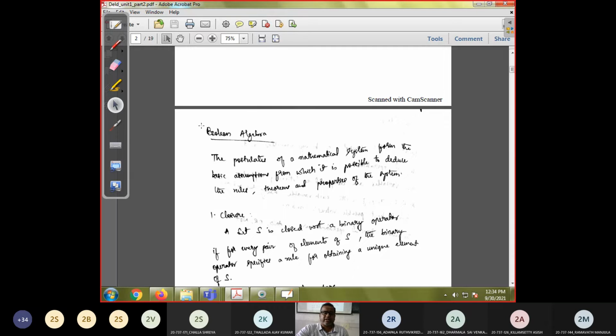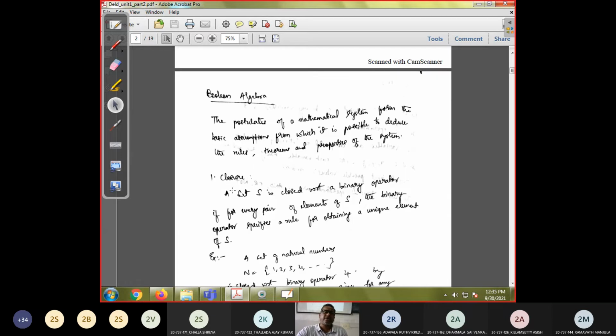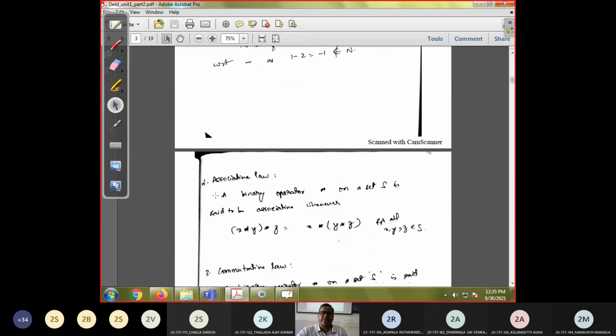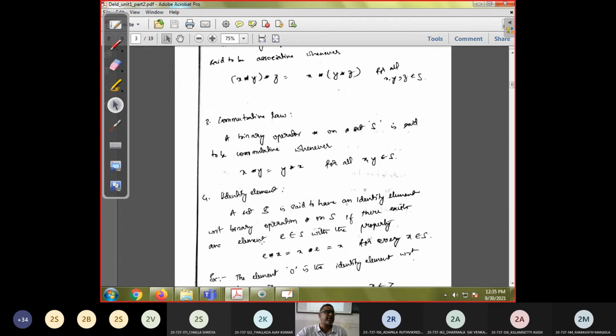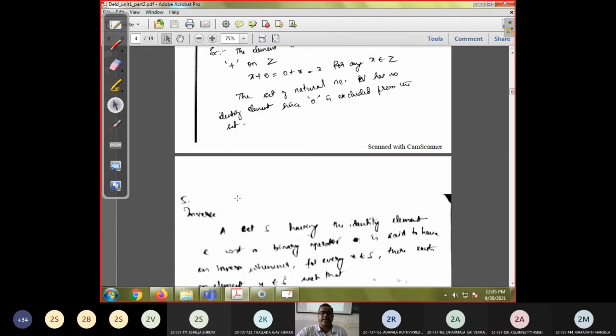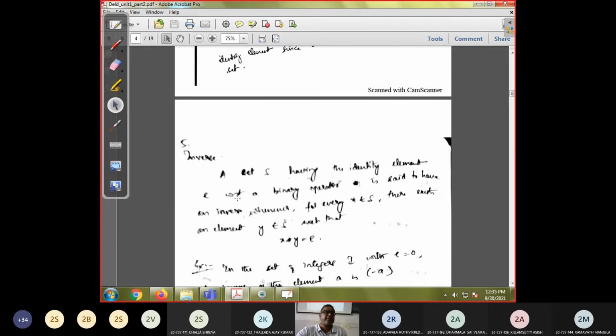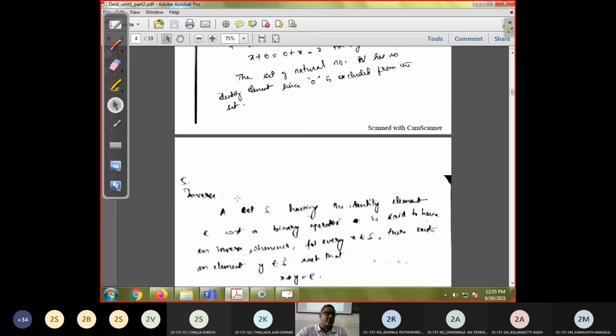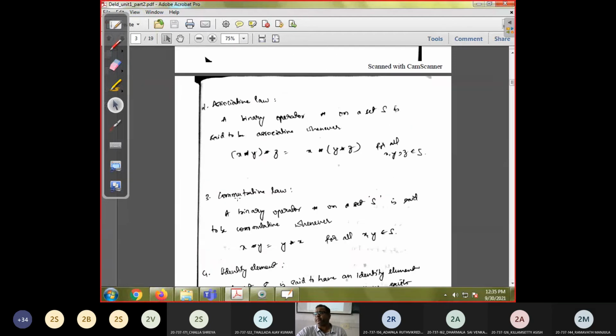Boolean algebra, like any field of algebra, satisfies certain properties. It has to satisfy the closure property, the associative property, the commutative property, it has to have an identity element, and it has to have an inverse element. All these things you already know, right? Any system or algebra which you want to define has to satisfy this set of properties.